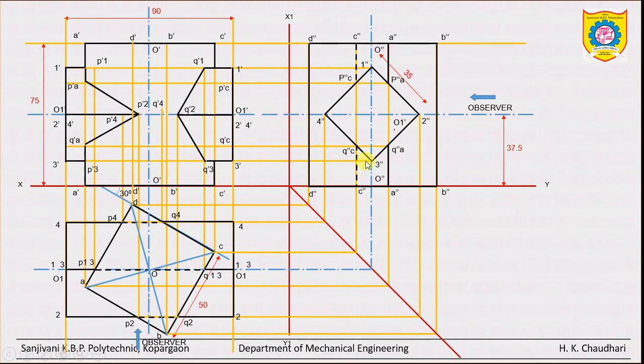Okay, and similarly here from 3 to QC. Okay, but now up to 1 we can join PA. Okay, but it is behind the AB face. See, behind this AB face, so make this part hidden. How? See carefully this part.